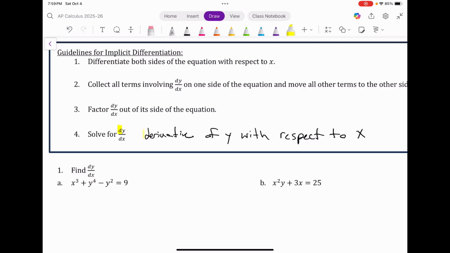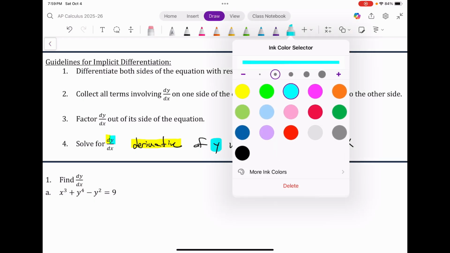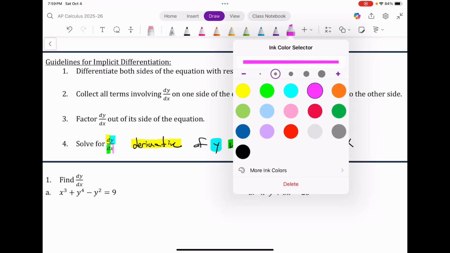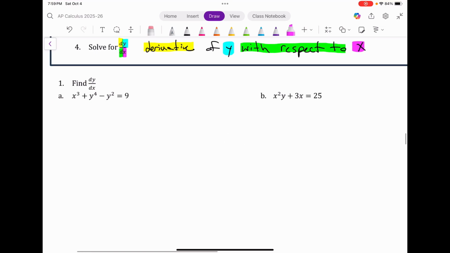That d I highlighted tells us the derivative, and right next to it, we're finding the derivative of y. And then this d in the bottom, it's not a fraction, so it's not like the denominator. It stands for with respect to, and then the variable x. So it's just good to know what that notation means. Again, it's not thought to be a fraction. It's just the notation for what the derivative is, right?